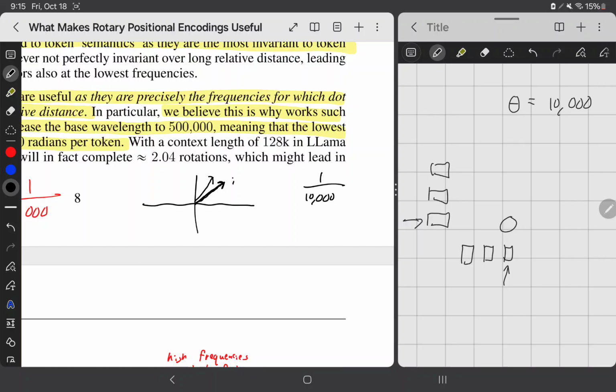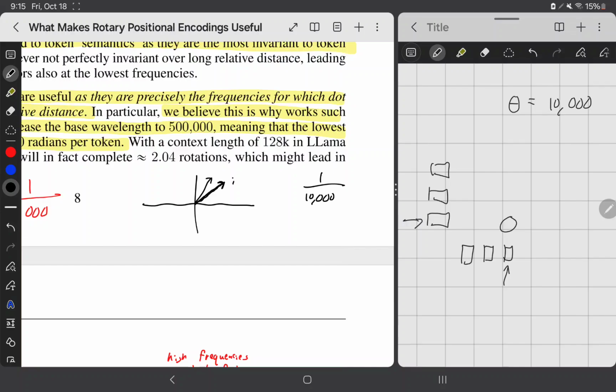Basically, you have a model that is only using the semantics of these vectors because there is no rotation. However, if you keep increasing the sequence length, you're going to end up rotating these vectors in a significant way, because you're rotating by a small amount every time, and they eventually add up.